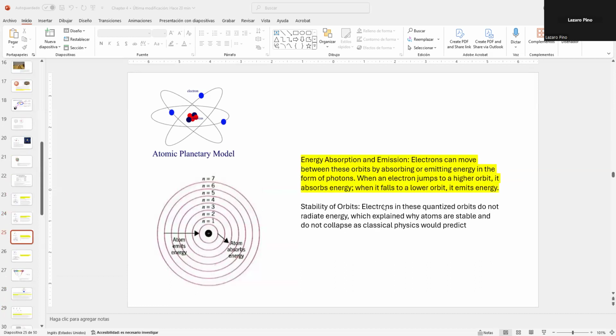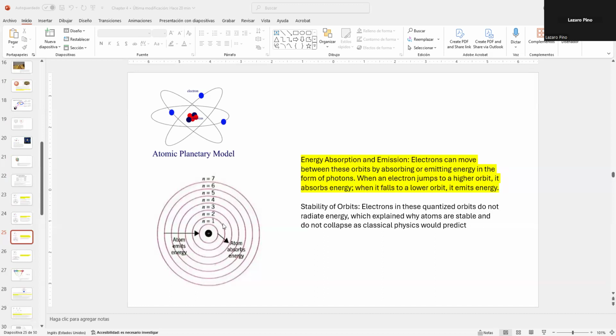The stability of the orbit is because the electrons in these quantized orbits do not radiate energy. What is the meaning? During that time, many people said, well, if the electron is moving around the nucleus, it is losing energy in this movement, and then it's supposed that at a certain time it will jump into the nucleus, but it doesn't happen. The atom is stable. How can we explain that?